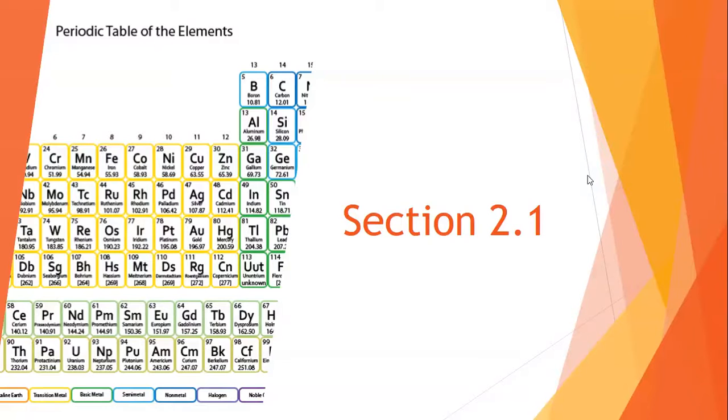Okay, and then from there we refined the model of the atom. Then came J.J. Thomson and Ernest Rutherford, and we are going to use the Bohr model of the atom in our study of chemistry in Science 10. And also in Chem 20 and Chem 30, you'll primarily use the Bohr model, which is the planetary model, right?